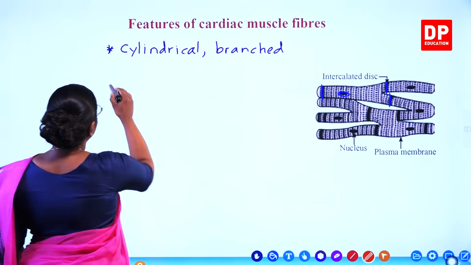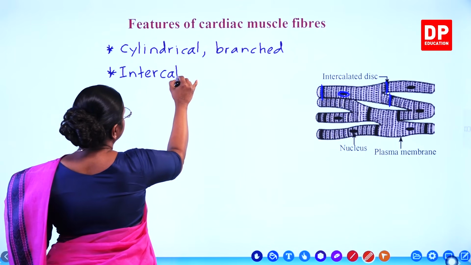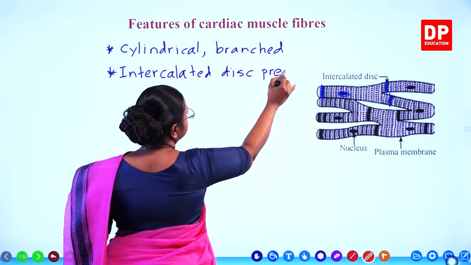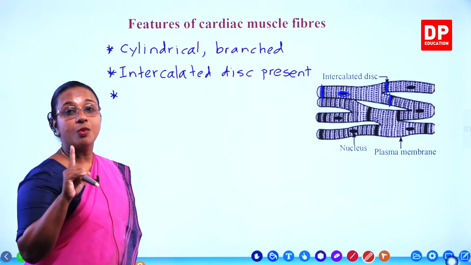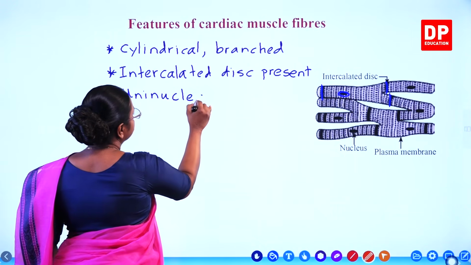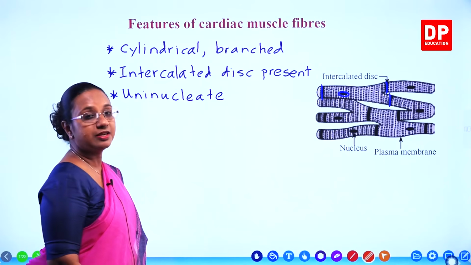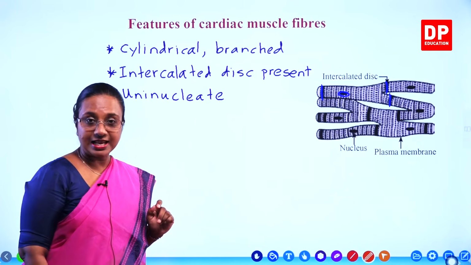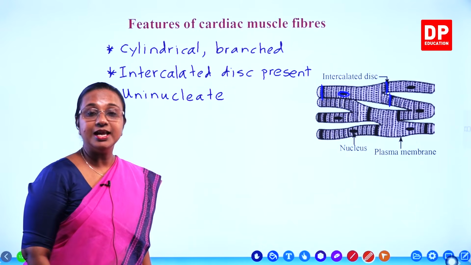So we can say these have intercalated disc present, and because they only have one nucleus, we call it uninucleate. So I have said these are cylindrical fibers, they are branched, and the fibers are divided by the intercalated disc present in them, and in each cell there is only one nucleus.